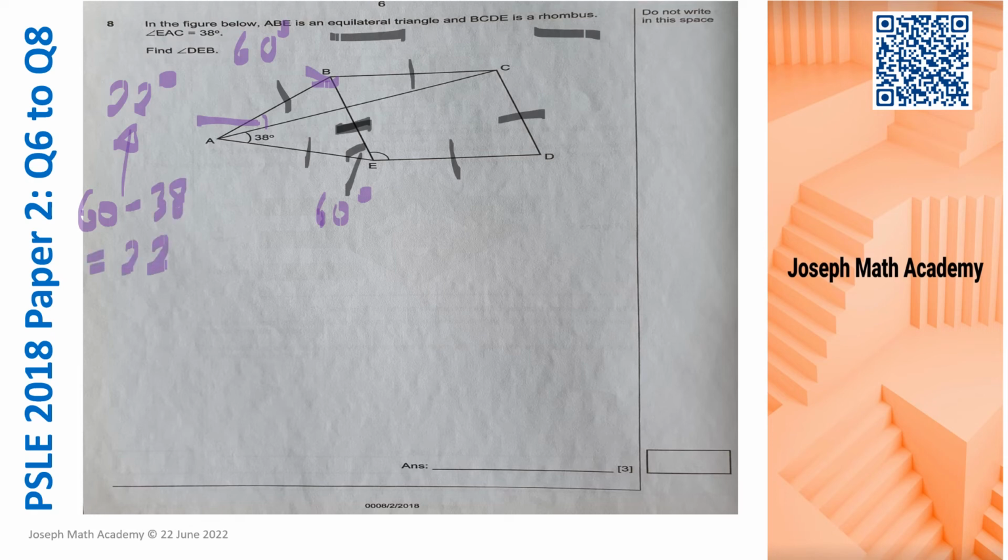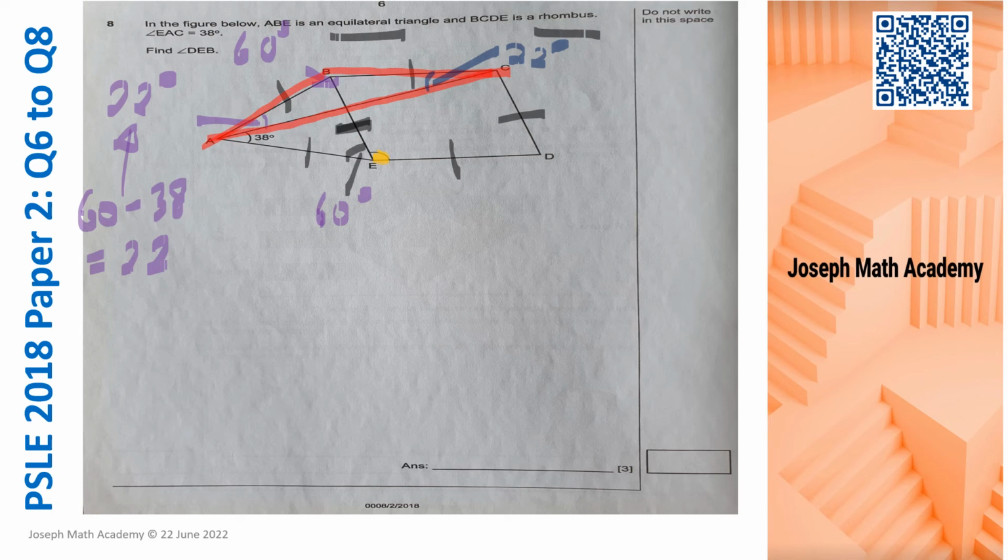Okay, so now I want you to look at this triangle up here. It is an isosceles triangle, meaning this angle is also 22. The base angles are equal. It's 22. Now, the question is asking us to find angle DEB. DEB is this angle here, the one that I've colored in yellow.